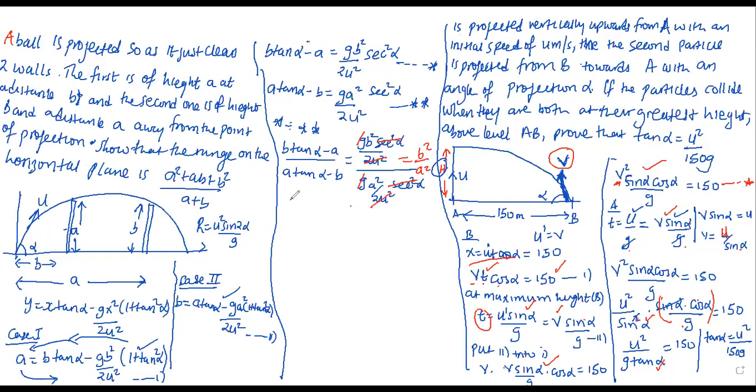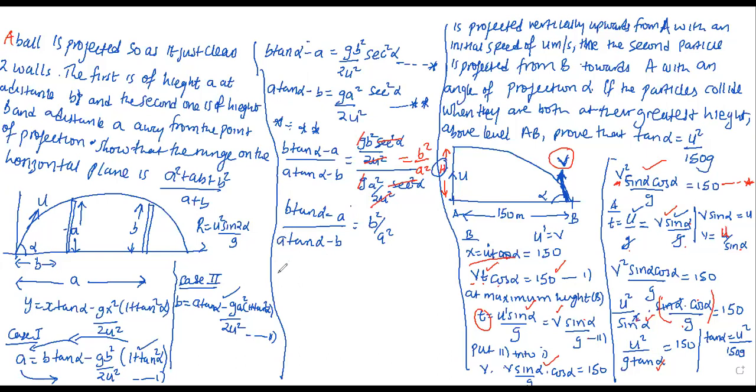We shall have b tan alpha minus a over a tan alpha minus b is equal to b squared over a squared.